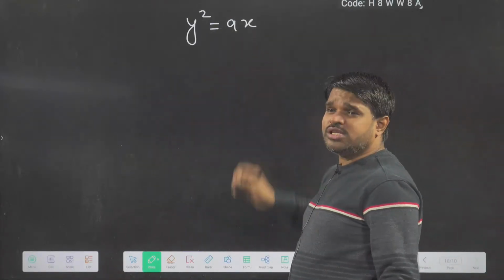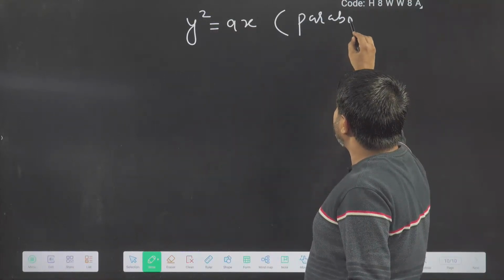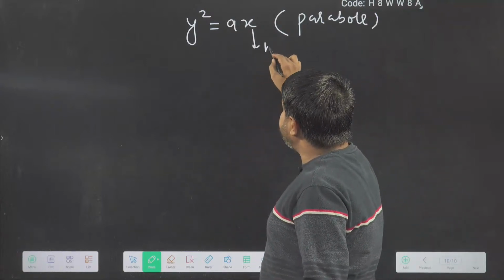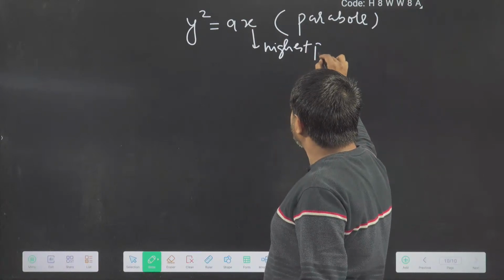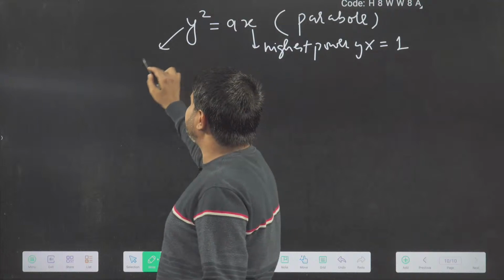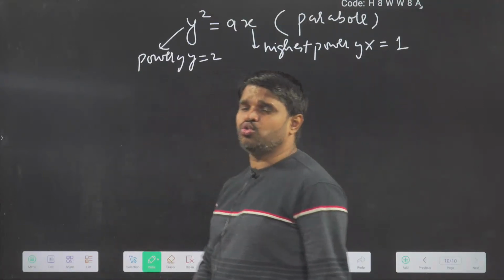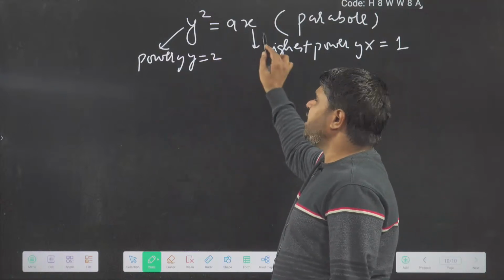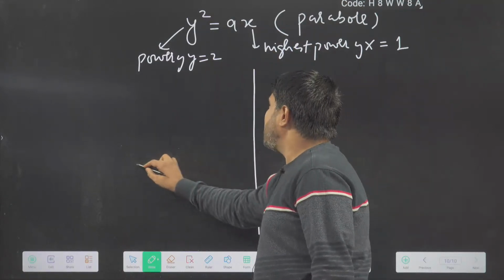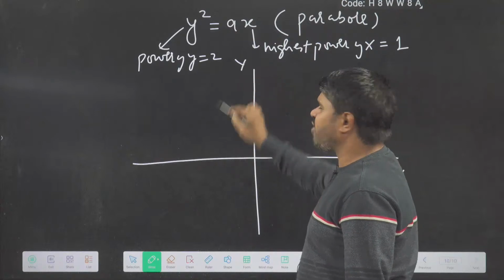Y square equals ax. It also represents a parabola. Here the highest power of x is 1 and the power of y is 2. So y square equals ax also represents a parabola. Now how do they look? Let's draw, with x and y axes.